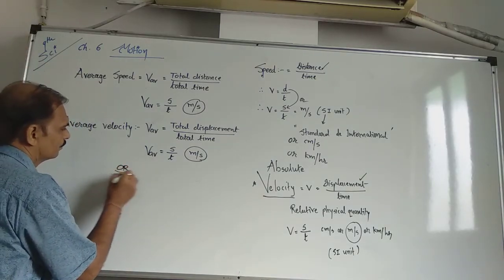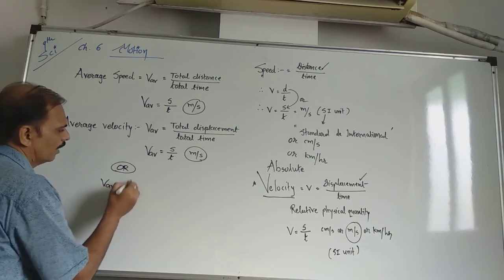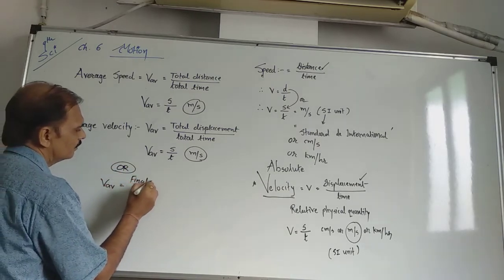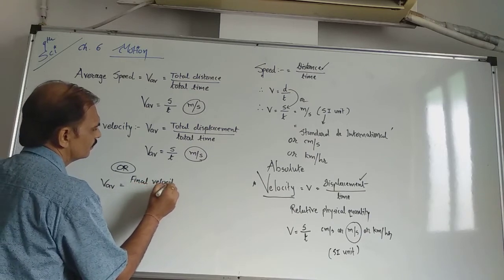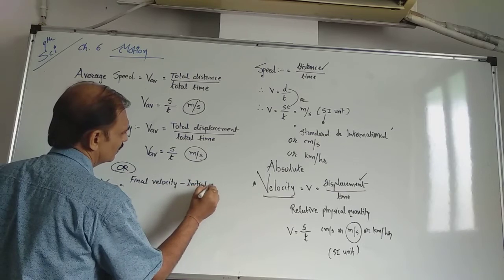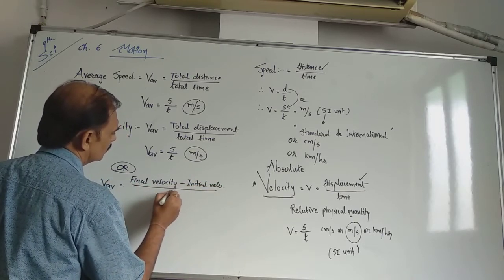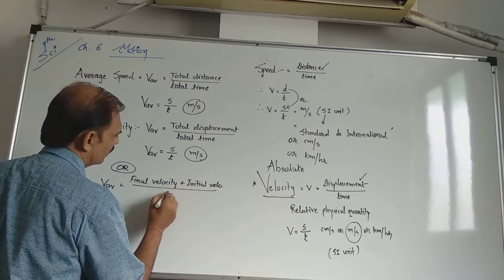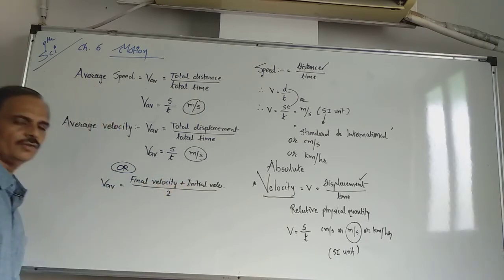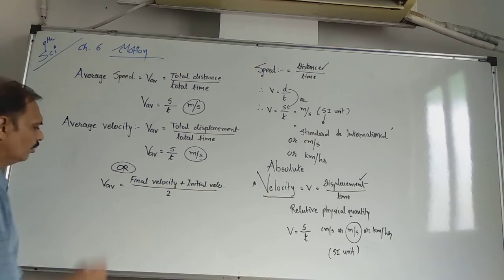Average velocity, V average, equals final velocity plus initial velocity divided by 2, that is the average.